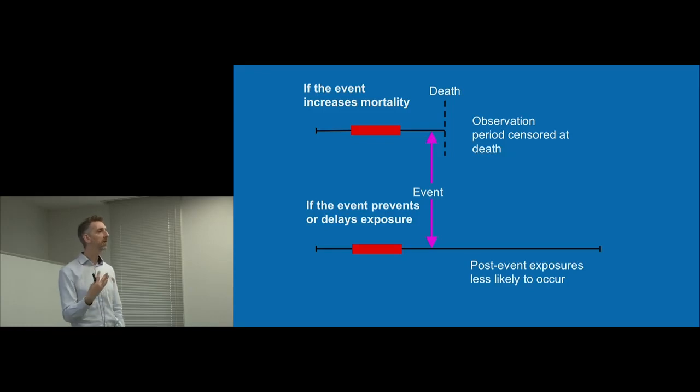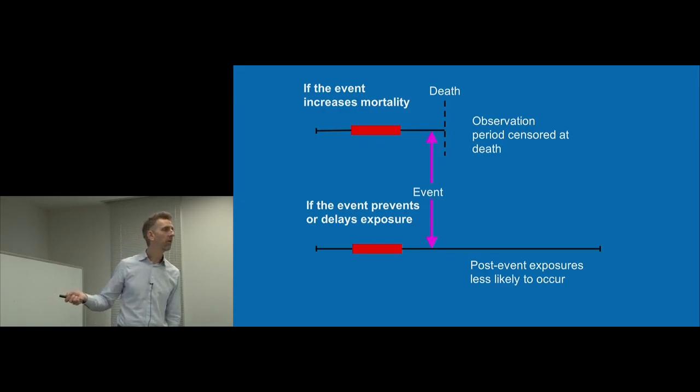Once doctors knew that this was a problem, if somebody had already had a GI bleed, they then might avoid antidepressants in the future. It would mean we then had a long period of observation with no exposure and no outcome, because they already had the outcome earlier on. So we would have an artificially low rate of the outcome during baseline time, and this would be a problem for the design.